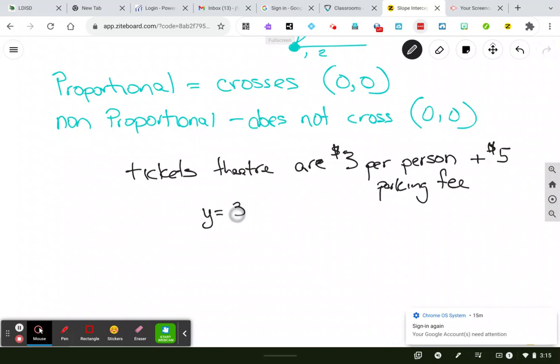If I take 3 and multiply it by however many people I have, because x is the number of people, that's your dependent variable. And then I'm going to spend $5 for parking.